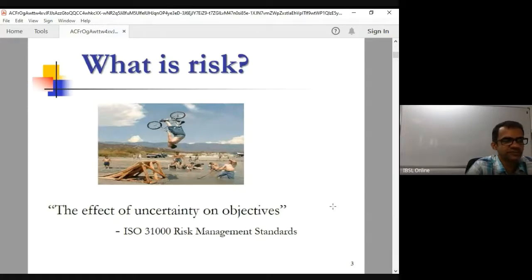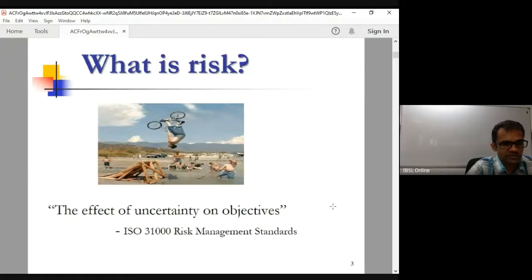We do different activities with some objectives in our mind. We try to achieve those objectives, but there can be unforeseen or unexpected events happening in between. So that is risk basically.